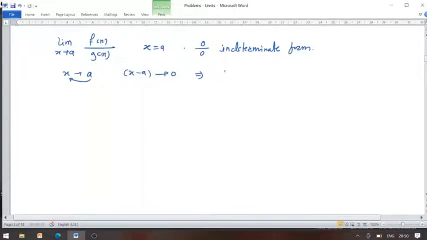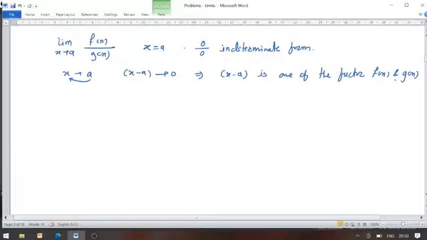So that implies x minus a is one of the factors of the numerator and denominator, meaning one of the factors of f of x and g of x. So the given polynomials f of x and g of x have at least one factor x minus a, which will cancel out from the numerator and denominator, and after applying the direct limit method, we get the solution of the given limit.